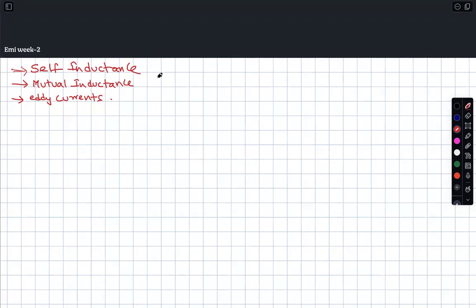Now, what I am doing with that coil is just changing the current in the same coil. For example, you have a coil like this. Imagine that this is a coil, say, for example, N is equal to 1 turn.